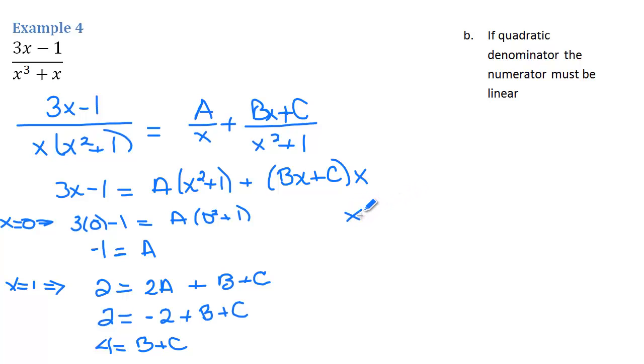So when x is negative 1, we're going to get 3 times negative 1 minus 1 equals a, or negative 1, times negative 1 squared, which is 1, plus 1 is 2, plus negative 1 times b, plus c, all times negative 1.